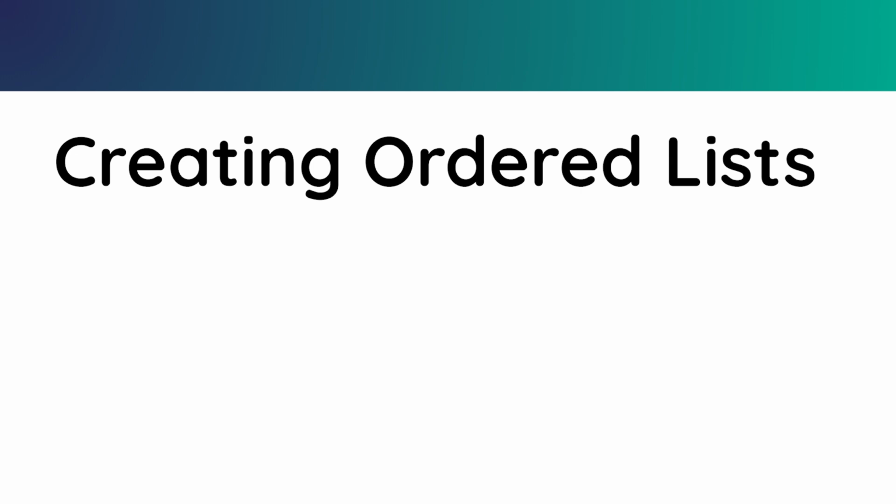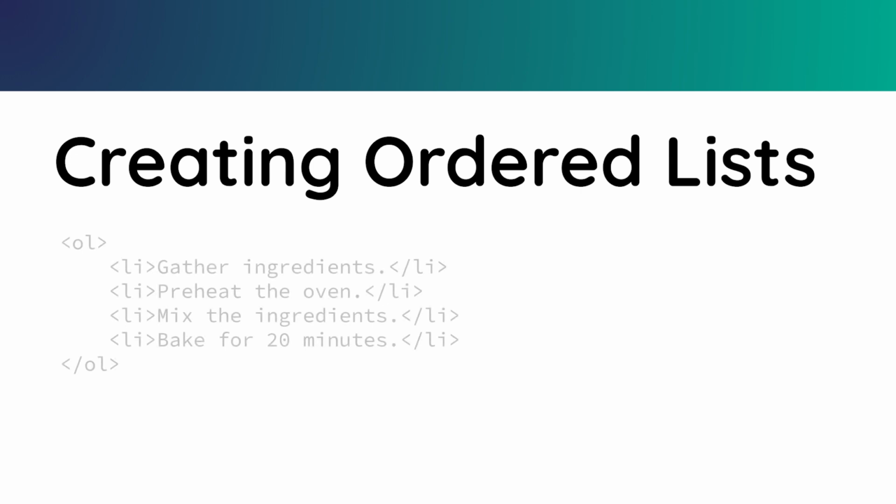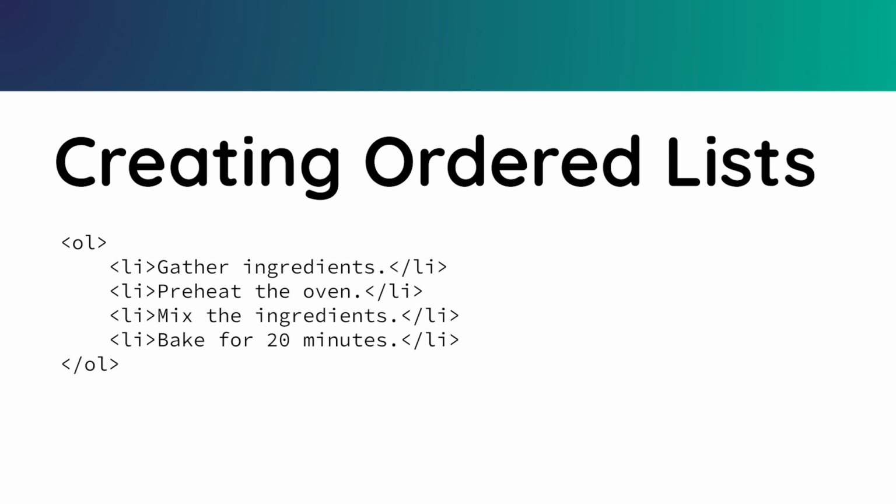The code might look like this: ol, li gather ingredients, li preheat the oven, li mix the ingredients, li bake for 20 minutes, closing ol. When displayed in the browser, this will show a numbered list, clearly indicating the order in which the steps should be followed. This is particularly useful in scenarios like tutorials or instructions where sequence matters.